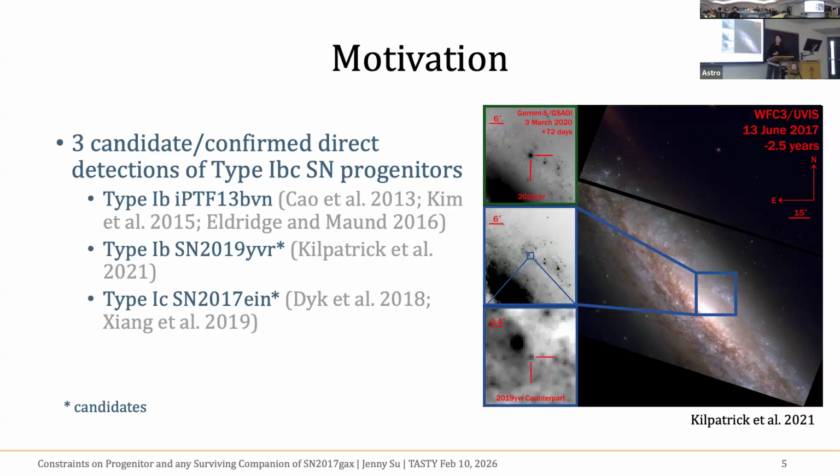Here on the right, I'm showing an example. This is supernova 2019yvr, 2.5 years before the supernova. We have an HSC image of the explosion site, and you can see there is a detection of a possible star that is the progenitor of this supernova.